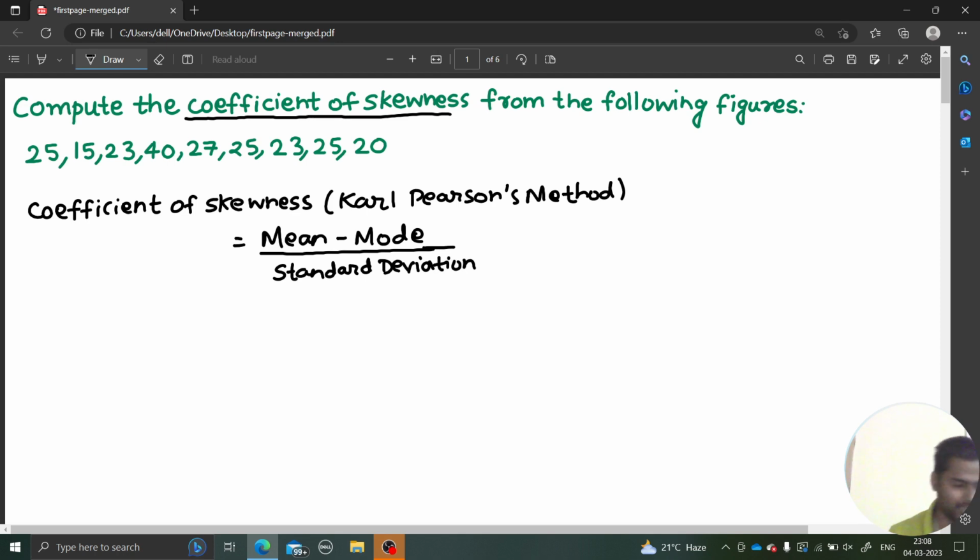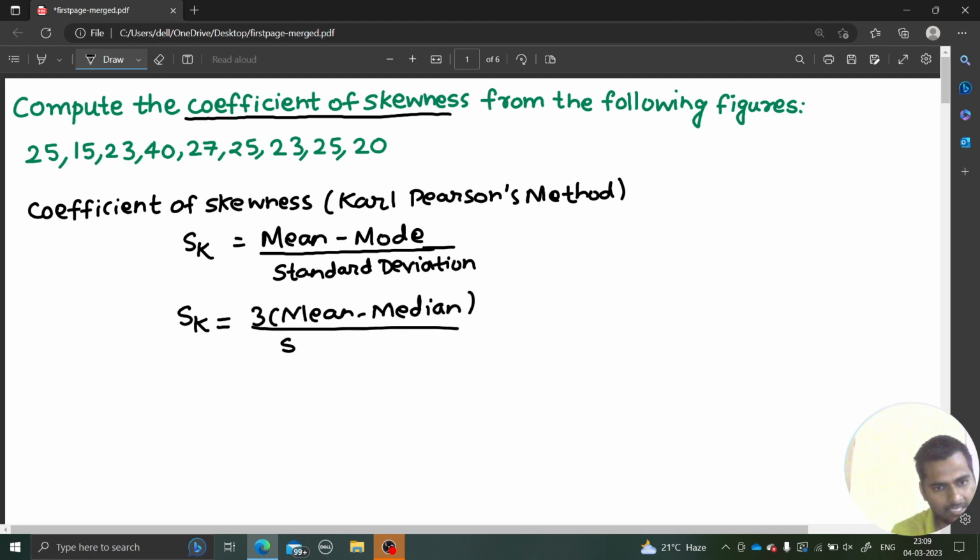In case you are not able to find the mode, sometimes for some data the mode is clearly not defined, so in that case you can use the other formula that we have. This in short we write SK. So the other one is 3 times mean minus median divided by standard deviation, which I am writing SD in short.